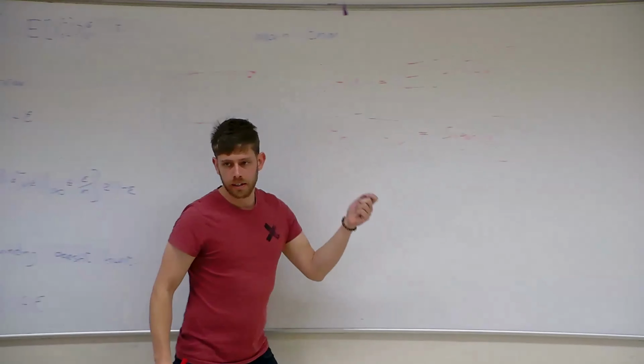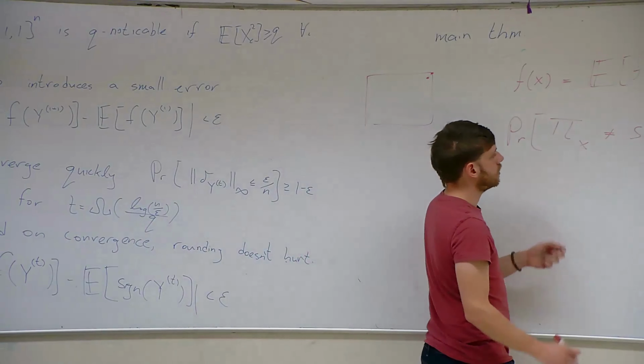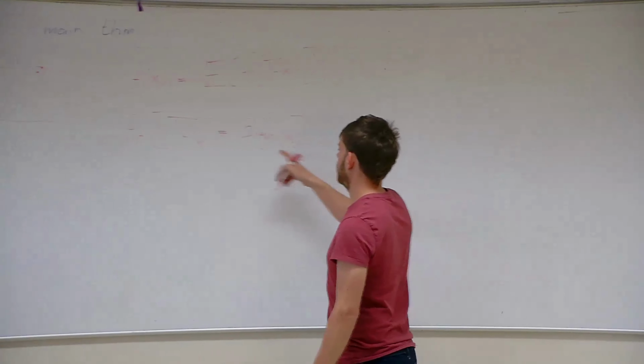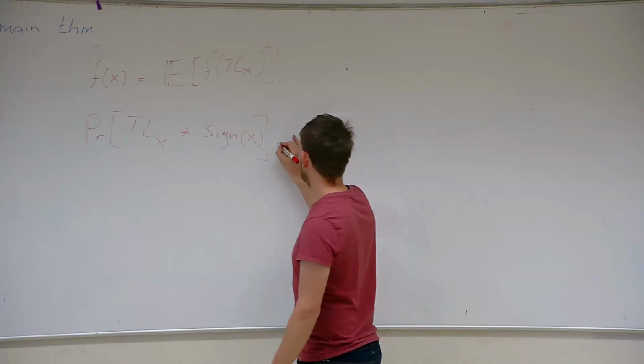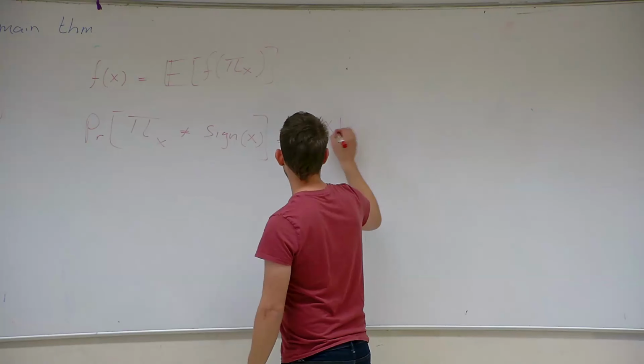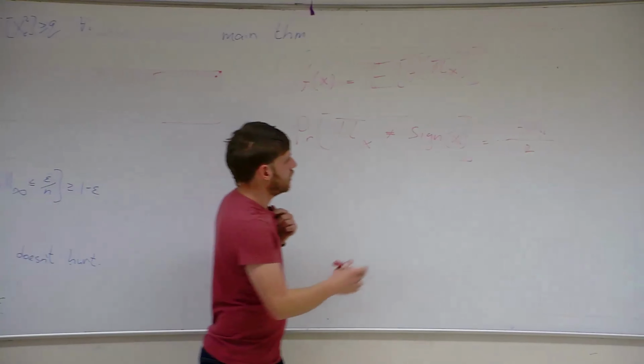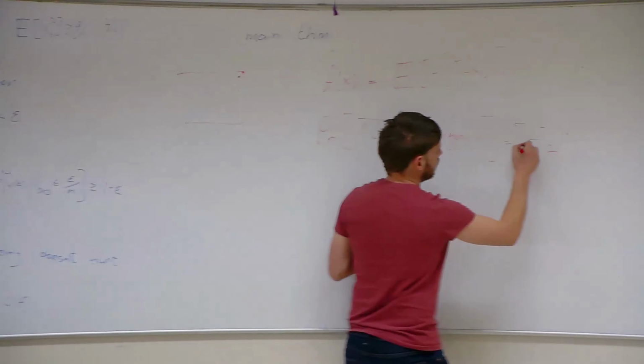So the probability to not be equal on the first coordinate should be 1 minus xi over 2. Why is that? Sum over i.